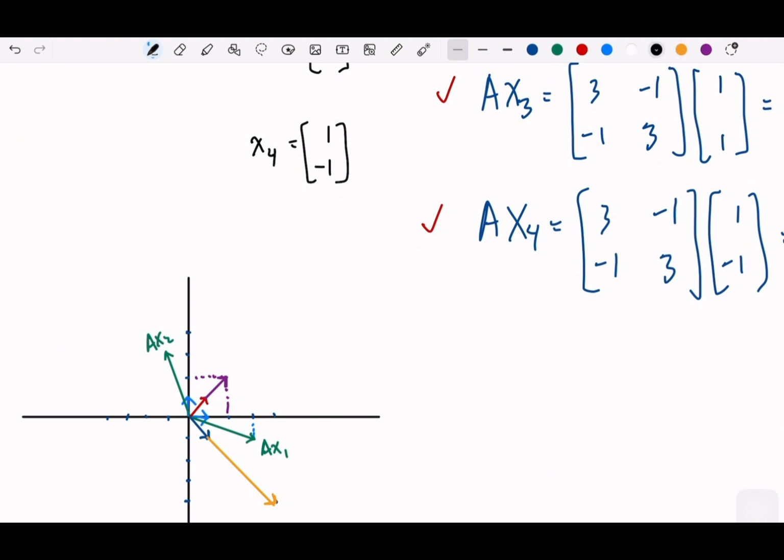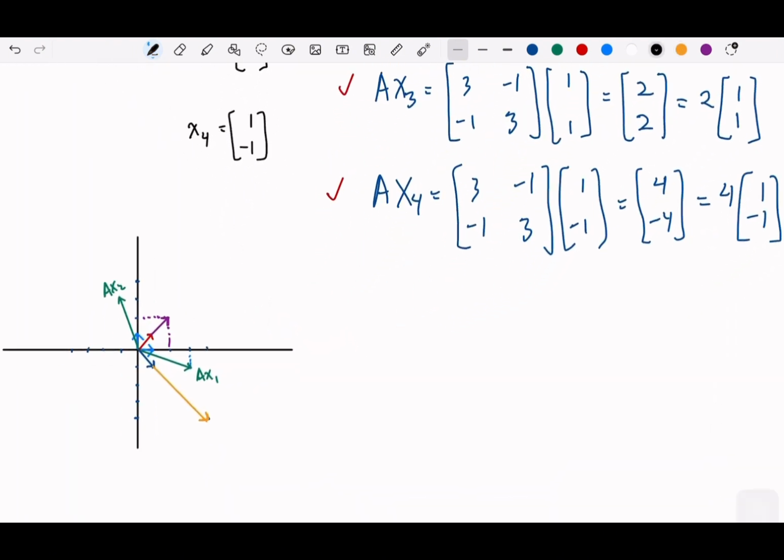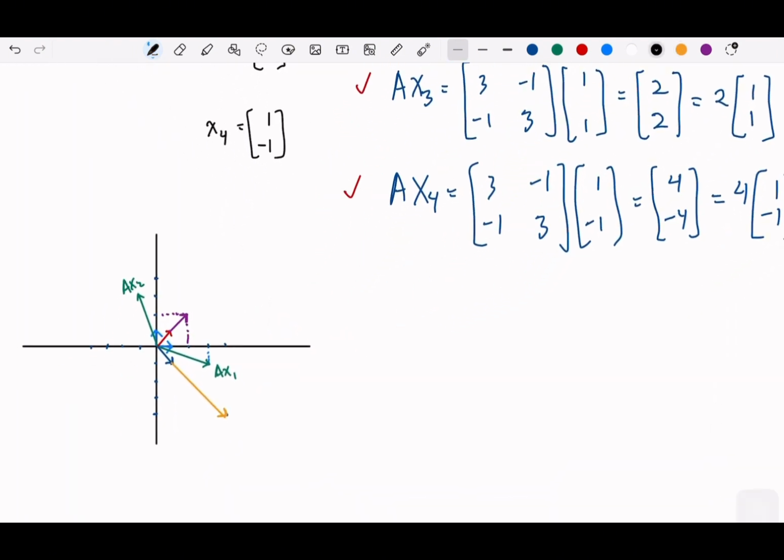So let me just write something here just to make it simple. Let's say k for this case. K is a vector, and lambda k.